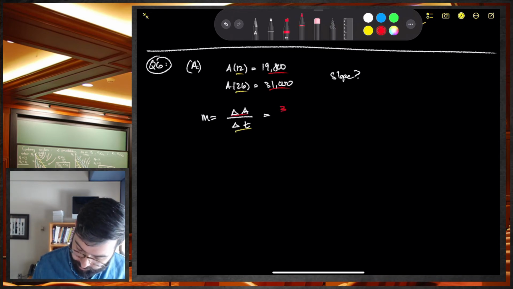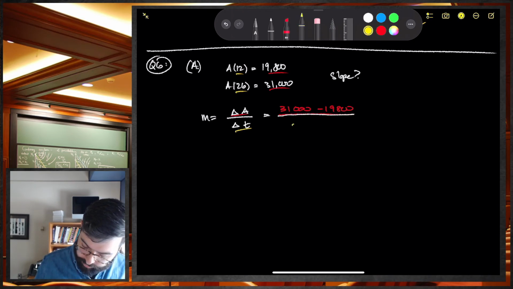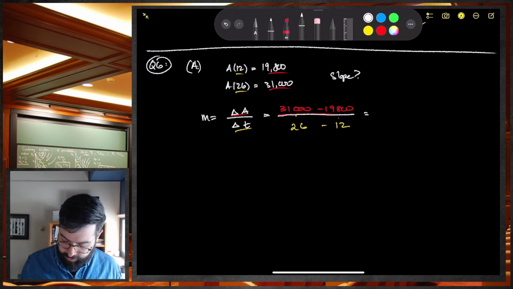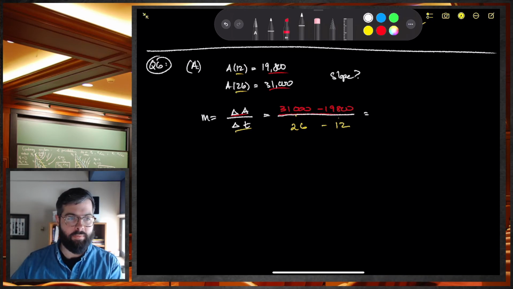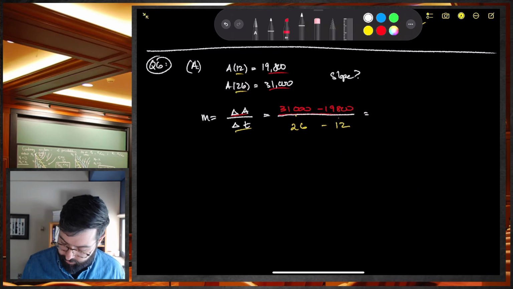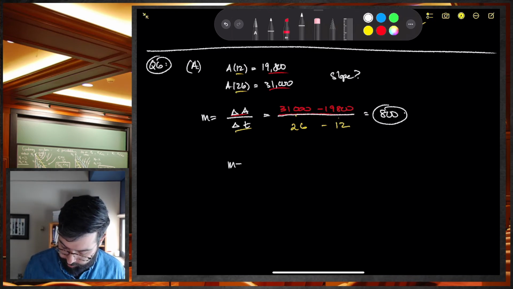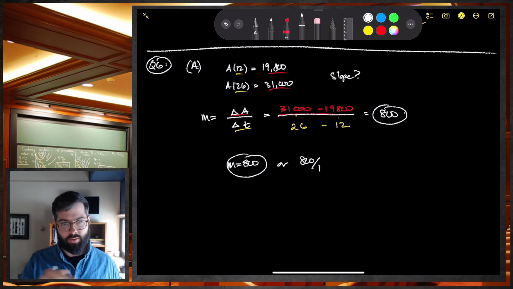So we'll get 31,000 minus 19,800 all over the inputs, which is 26 minus 12. Remember, these have to line up with their corresponding outputs and the difference. And what this works out to be is 800. Okay, so I could say the slope is 800 or 800 over 1, right? It goes up 800 for every one we move over. So it's pretty steep.